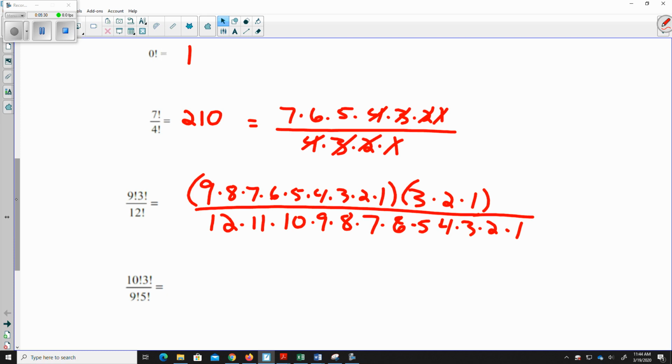Okay, so look at 9, 8, 7, 6, 5, 4, 3, 2, 1. I have that both on the top and the bottom, so I can cancel all this out completely. So now all I'm left with is 3 times 2 times 1, which is 6, over 12 times 11 times 10. So that's 110, sorry, times 12.